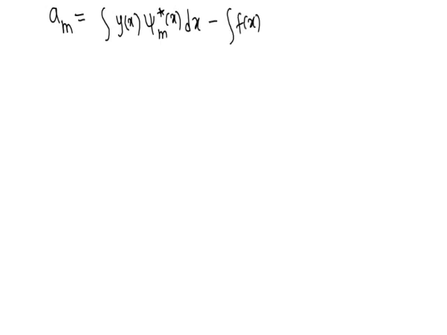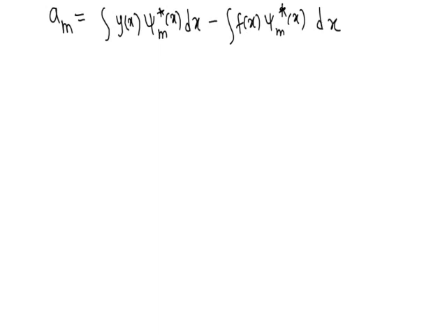So if we split this Am, what we will get? Am will be equal to the integral of y(x) times xi_m star of x dx, minus the integral of f(x) times xi_m star of x dx.